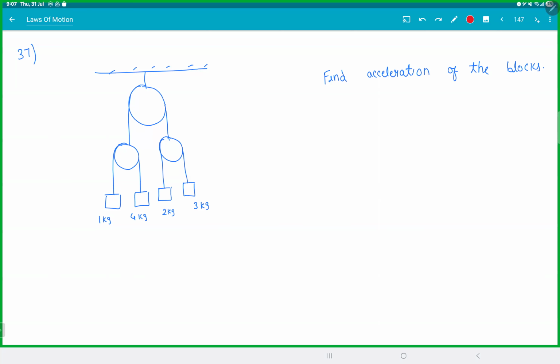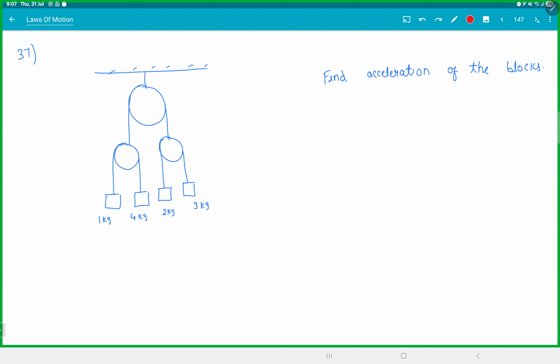Make sense? When you get an answer, maybe you don't know it is the right answer, but you should know when it is a blunder. When strings are connected, you cannot fall faster than G. Maximum you can fall with is G. Acceleration of 1 is 3G by 5.